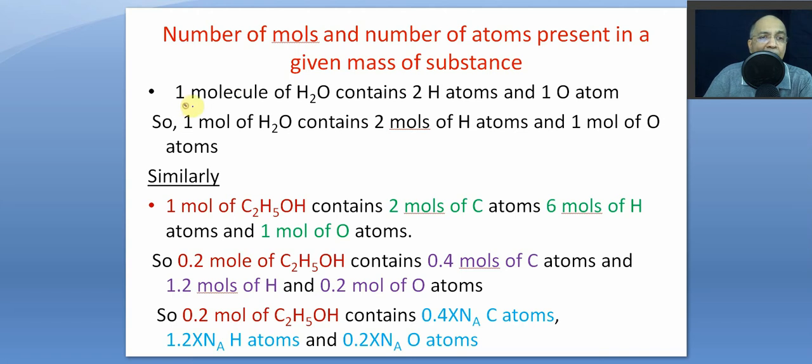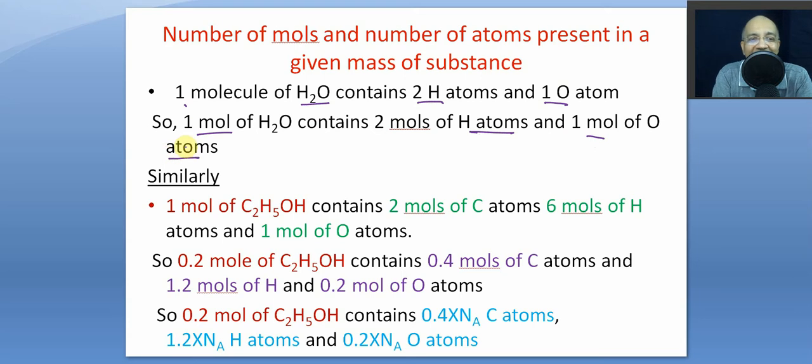Now, supposing one molecule of water contains 2 hydrogen atoms and 1 oxygen atom, right? So 1 mole of water will contain 2 moles of hydrogen atoms and 1 mole of oxygen atoms. You understand? 1 molecule, 2 atoms, 1 atom. So 1 mole means, you understand, Avogadro's number. 1 mole of water molecules contains 2 moles of hydrogen atoms and 1 mole of oxygen atoms.